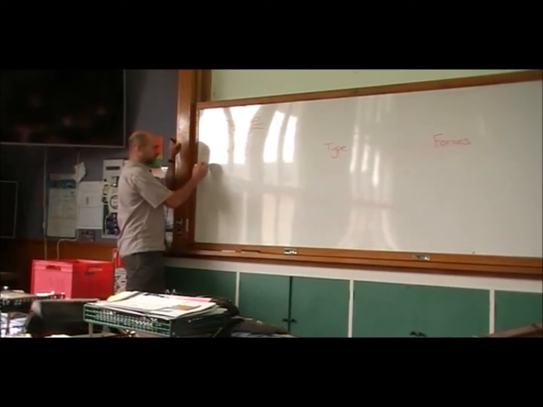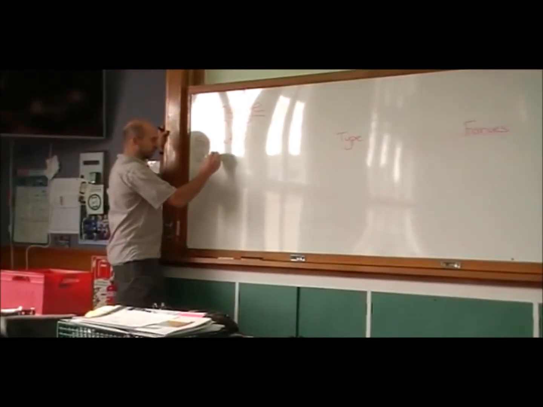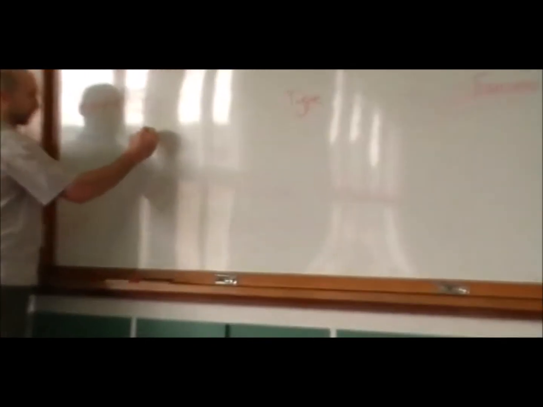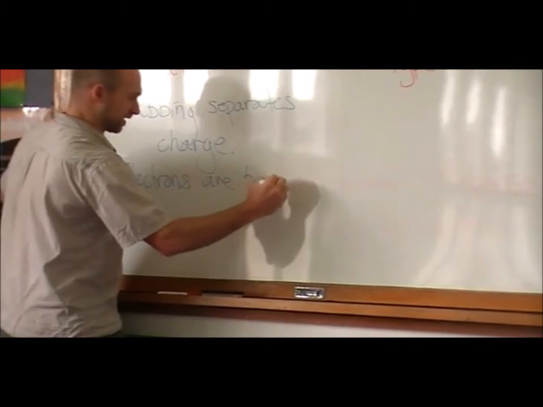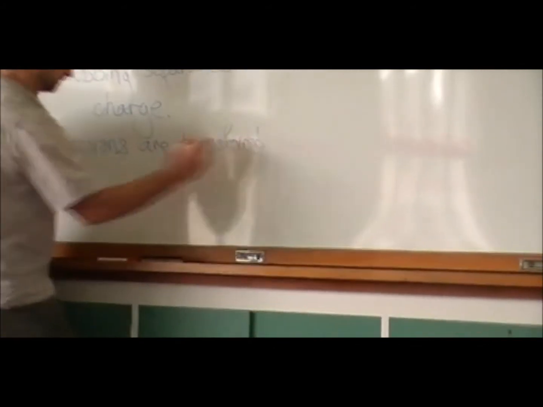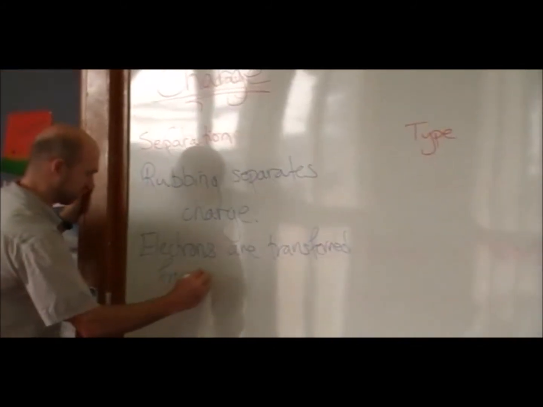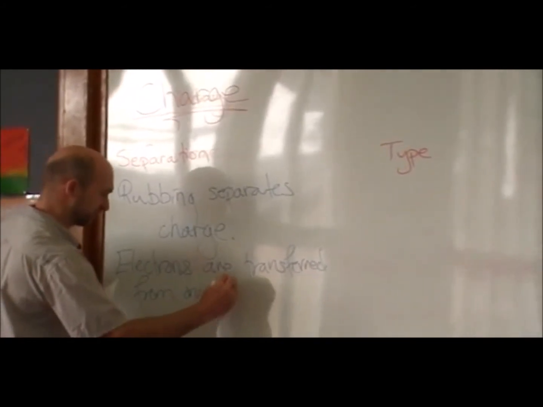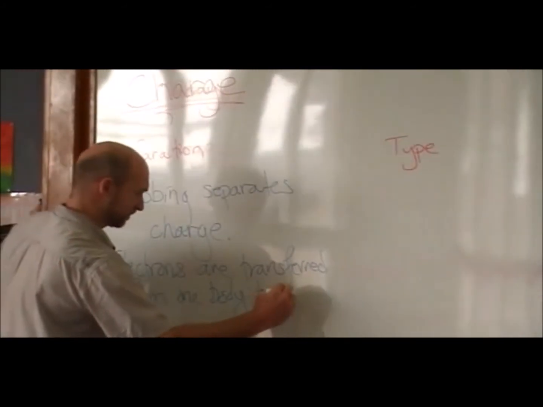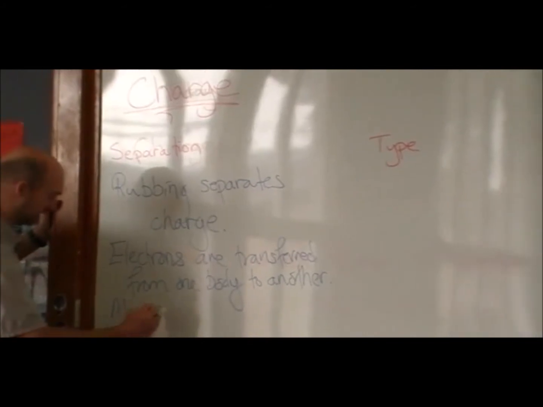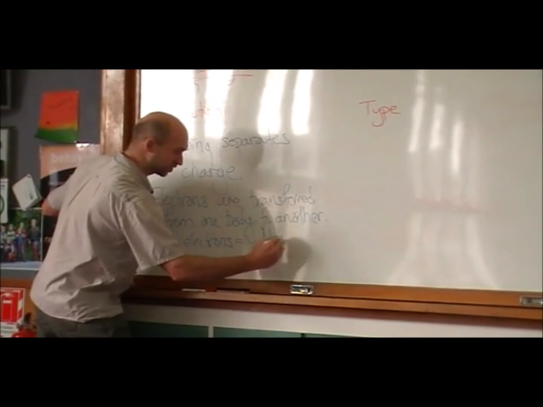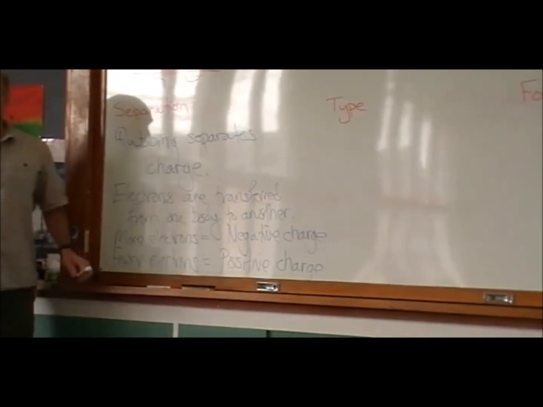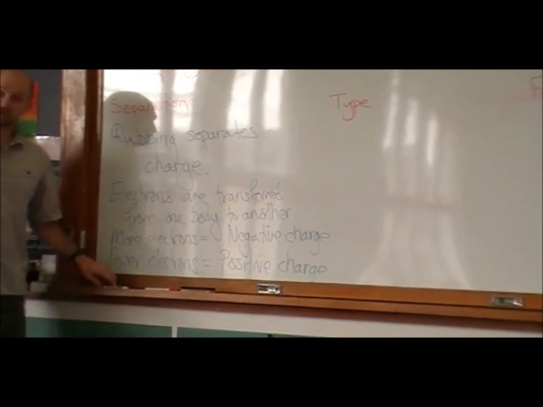So, separation of charge. What we learnt is that rubbing separates charge. Electrons are transferred from one body to another. More electrons is negative charge, and fewer electrons is positive charge.